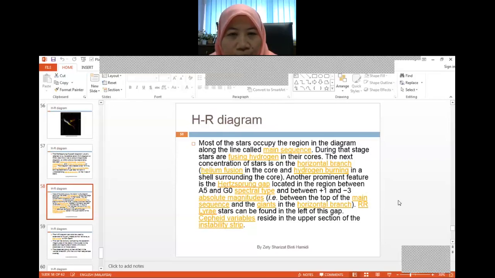And we have the stars we call RR Lyrae stars, which can be found on the left of the instability strip. These are also what we call pulsating variables, so the magnitude will differ inconsistently. They reside in the upper section of the instability strip.